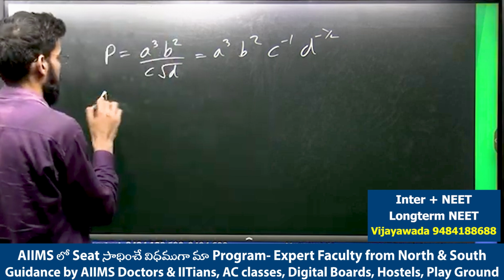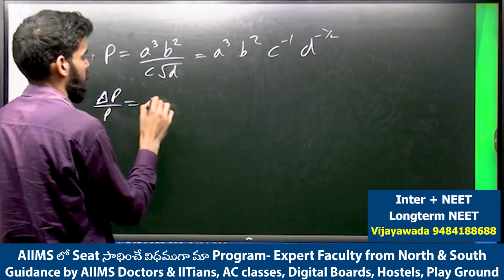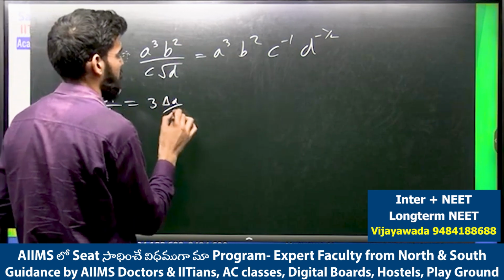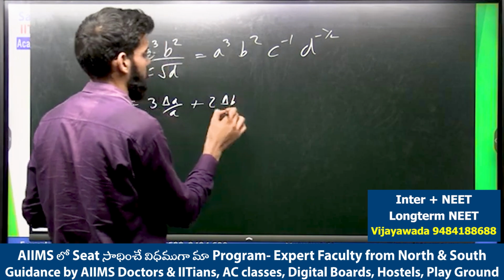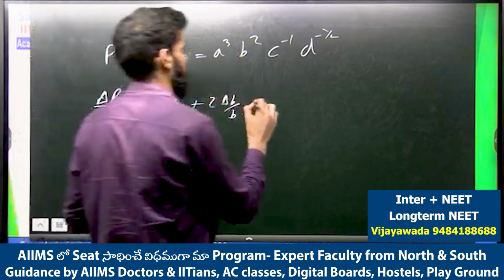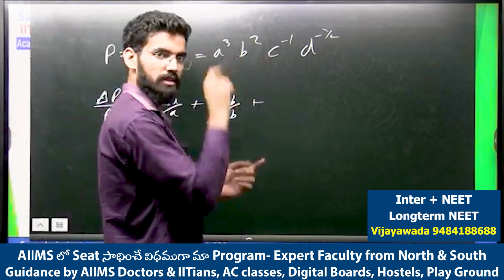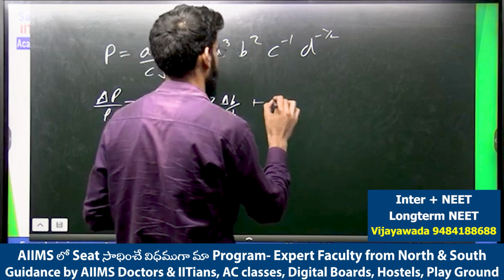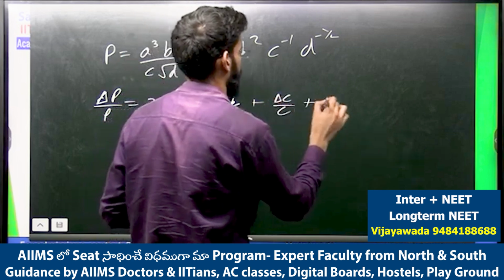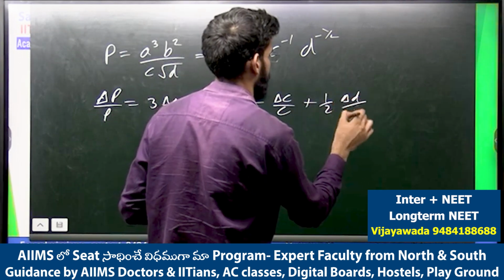So delta p by p is equal to 3 times delta a by a plus 2 times delta b by b. Plus minus will come after ln and differentiate, but in error calculation plus will come. Plus delta c by c plus half times delta d by d.